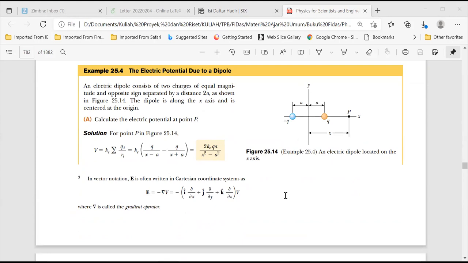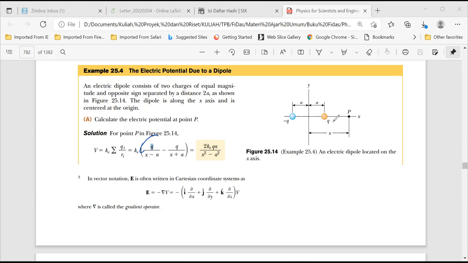For example, the left particle is minus Q and the right particle has a plus Q. So if we consider the point P on the x-axis, the total potential function is Q1 over R1 plus Q2 over R2.